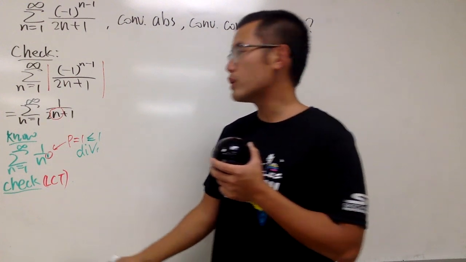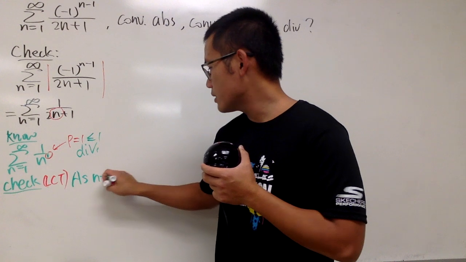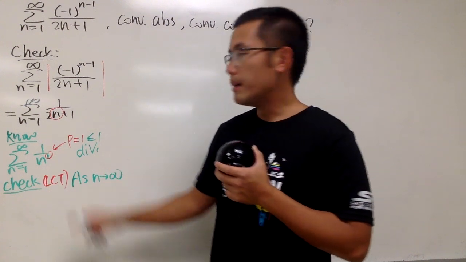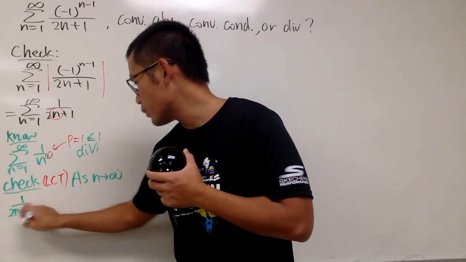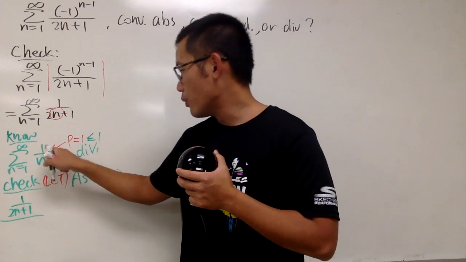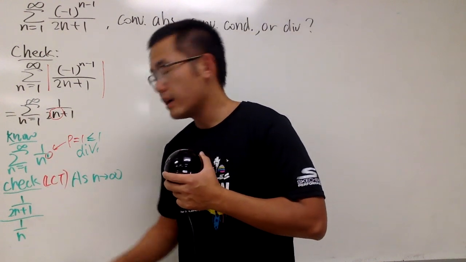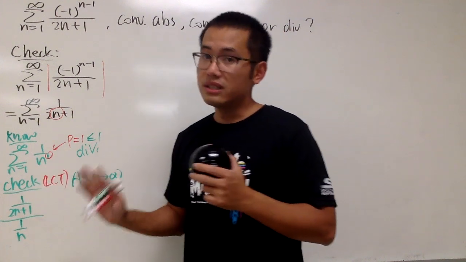And to do this, of course, you just go ahead and take the limit. So I just put down as n goes to infinity, the one that you are trying to figure out, which is 1 over 2n plus 1, on the top, divided by the one that you know, which is 1 over n. And again, if you include the 2 right here, doesn't matter, right?